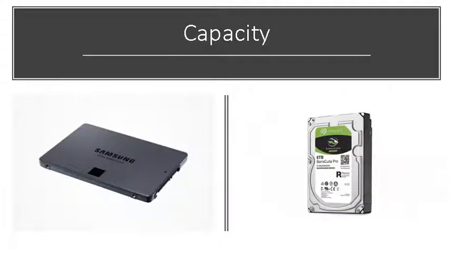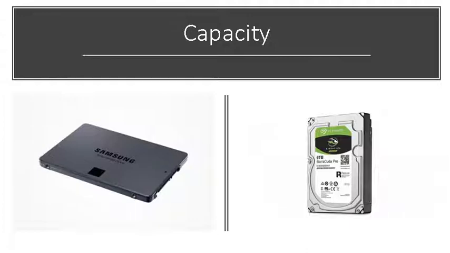And another thing we want to talk about is the capacity. Different types of hard drives exist with different capacities, from 1 terabyte, 6 terabytes to 14 terabytes, and you want to consider what your usage is.